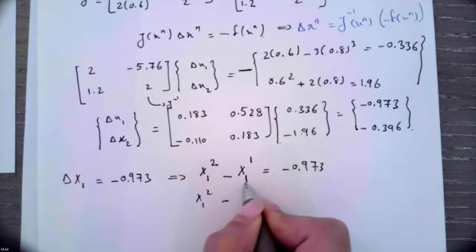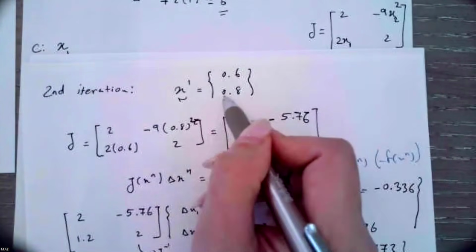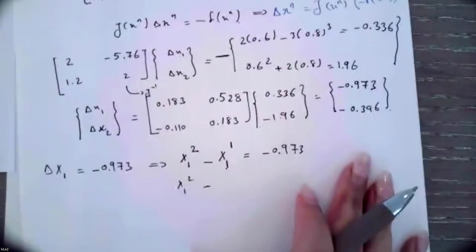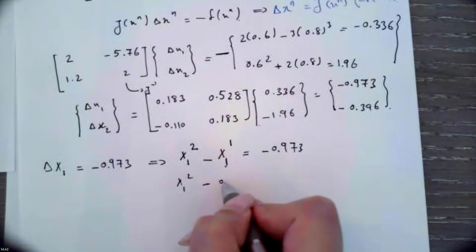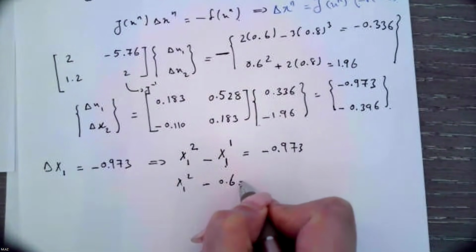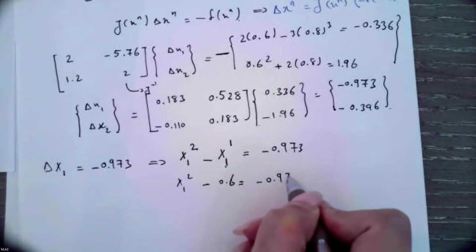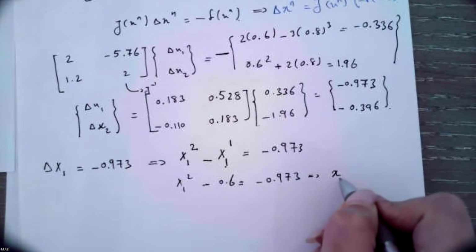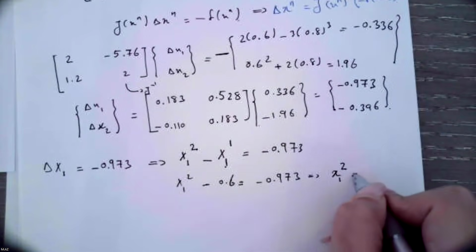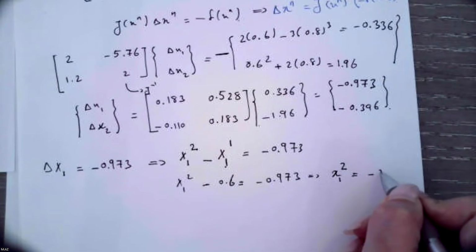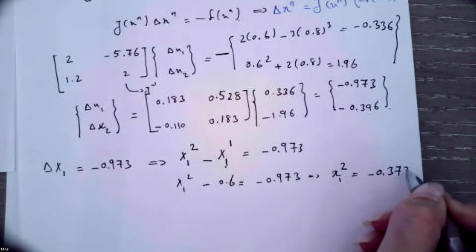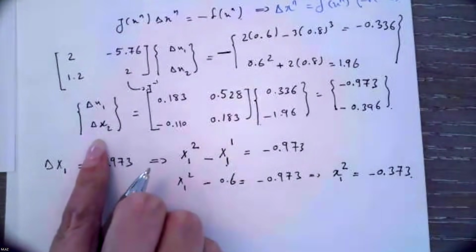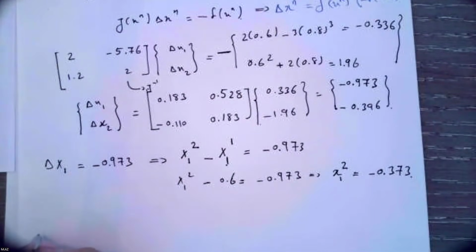The value of x1 for the first iteration is 0.6, and once we solve it, the value of x1 for the second iteration is negative 0.373. How about delta x2?